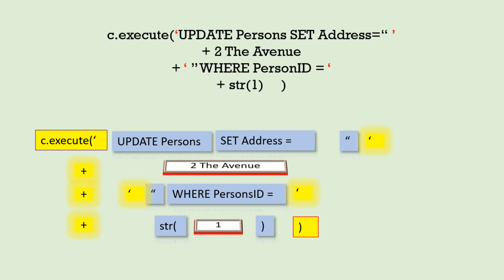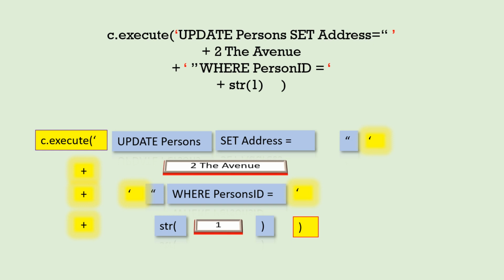That's pretty confusing. So here you can see c.execute, we've got single quote, SQL, single quote, plus address plus, now we've got another string, and this string, because it's the SQL, will have another double quote in. So you see in this example we've got a double quote, a single quote, and then after the address we've got a single quote and a double quote.